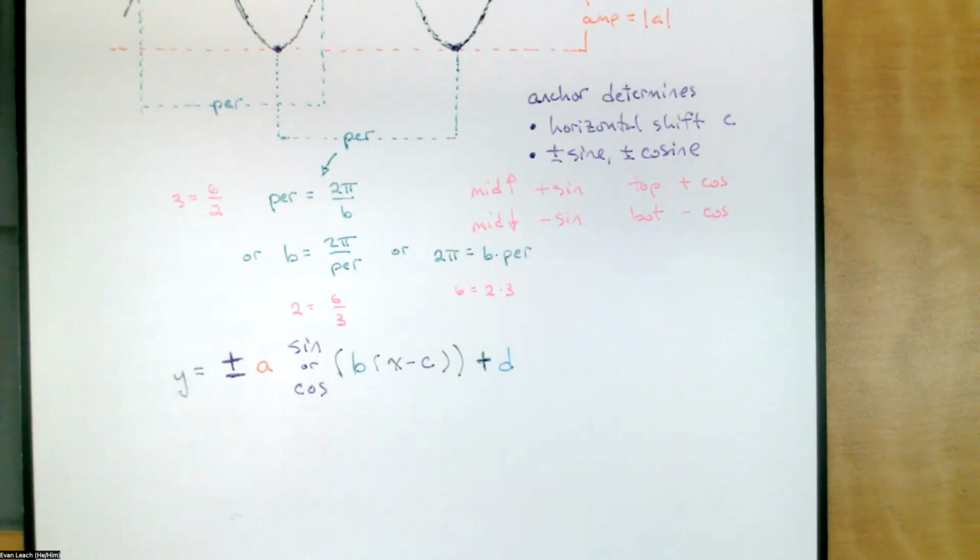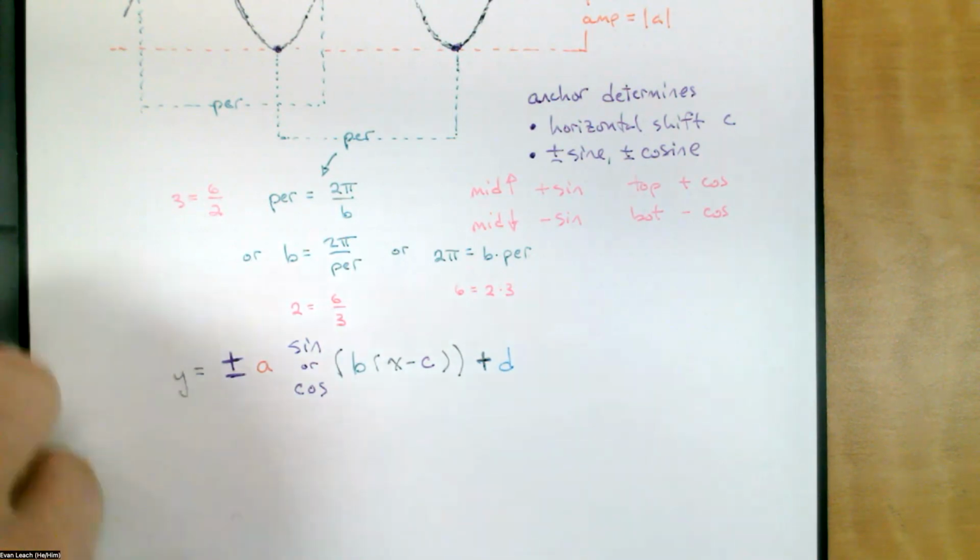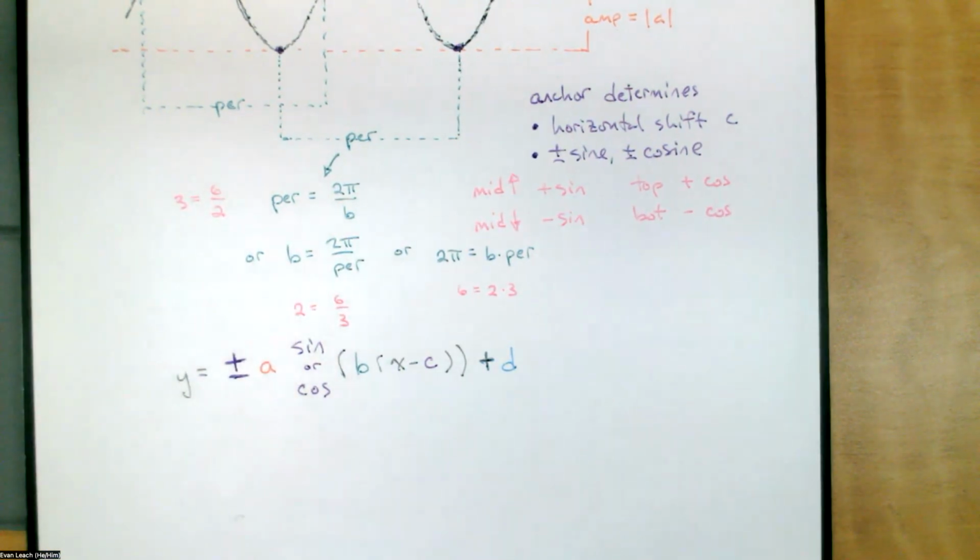Sine and cosine have this shape, no vertical asymptote, so it's a little bit easier to deal with. So here's what we want to look at. I like to take this opportunity to look at what's happening to the x and think about things in terms of order of operations.